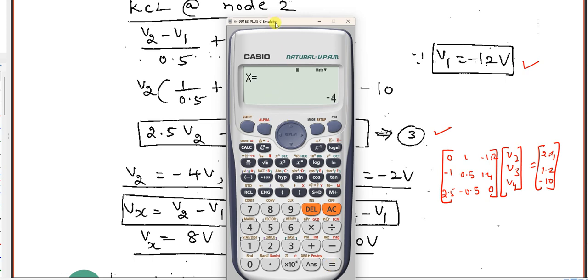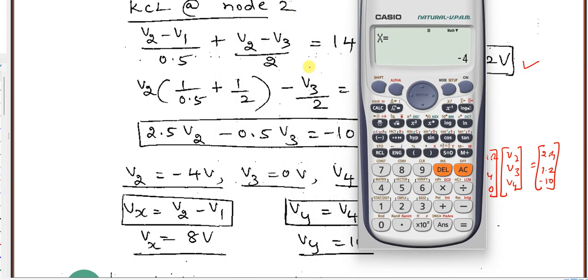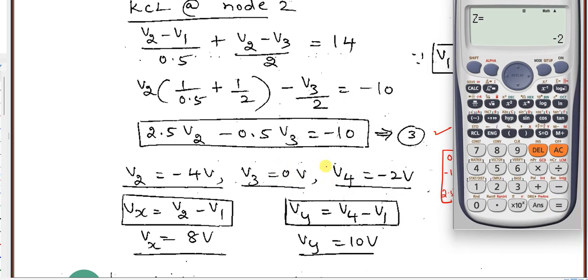You get minus 4. The value is minus 4, that is V2. V3 is 0, and V4 is minus 2 also. You are getting the same answer.